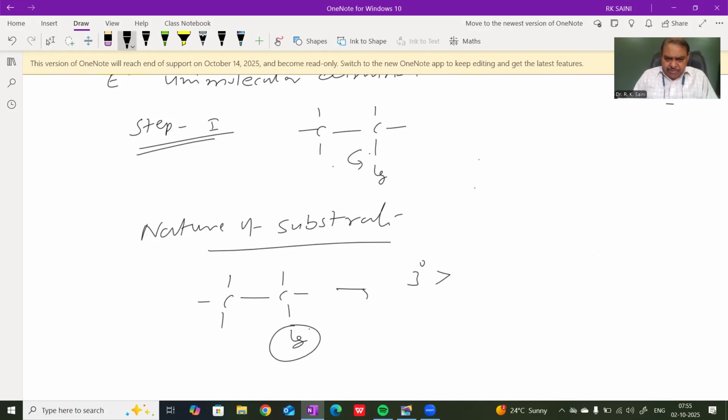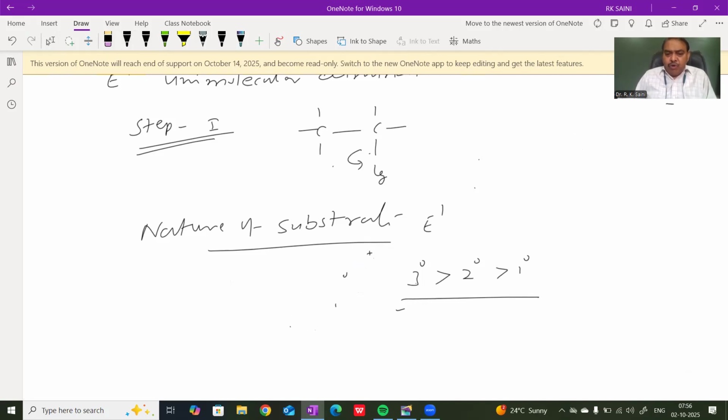The rate order of substrate toward E1 is tertiary, then secondary, and then primary carbon containing the leaving group. Or we can say resonance stabilized carbocations, like benzyl carbocation, allyl carbocation, etc., then they undergo E1 with an even higher reaction rate.